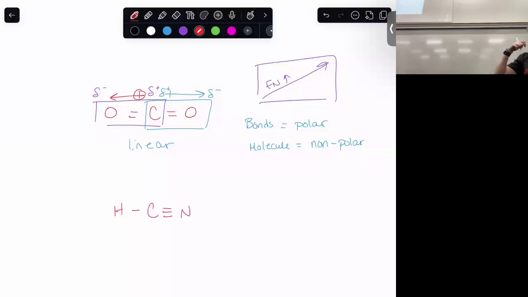Is there a difference in electronegativity between carbon and nitrogen? Yes. Which one is more electronegative? Yep, nitrogen's more, and you'll have a periodic table on your exam so you'll be able to see the trend there as well. Nitrogen is more electronegative. So which way is our dipole going to point? It'll point towards the nitrogen, leaving a partial positive at our carbon.